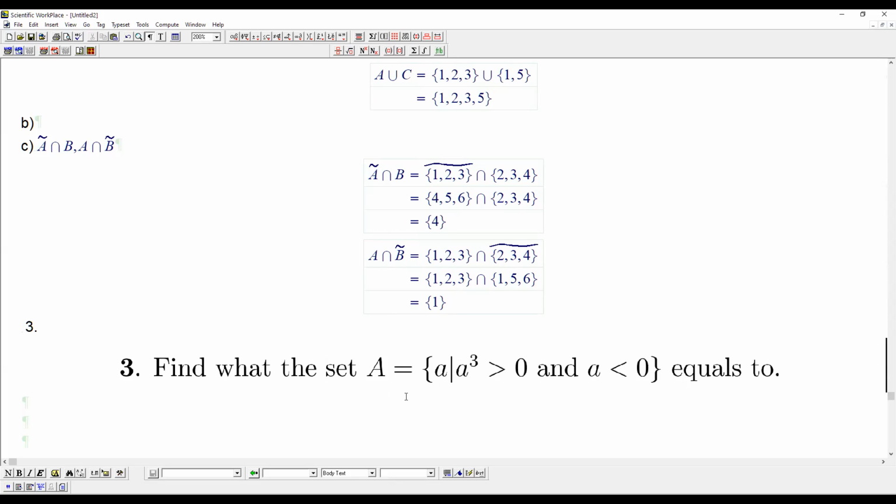So does somebody have an idea about this? Think about it. This is essentially saying, please express the set A as a simpler version, a simplified expression.